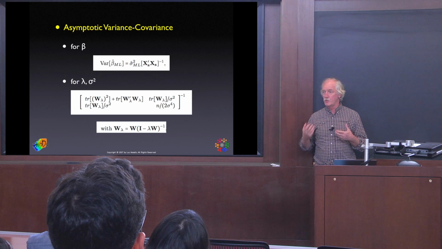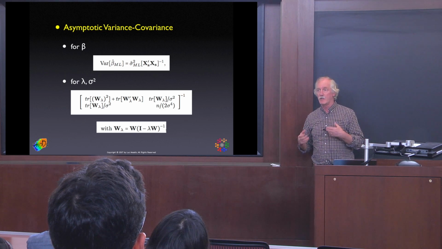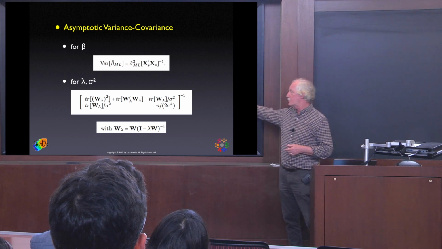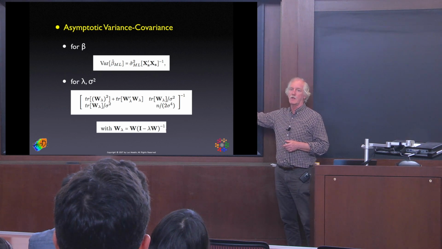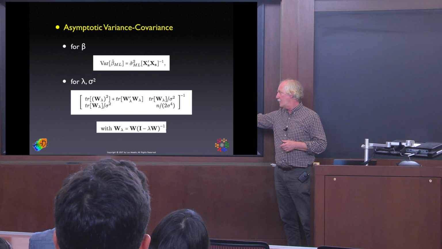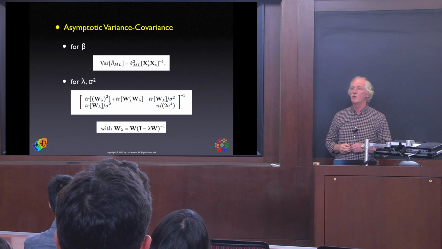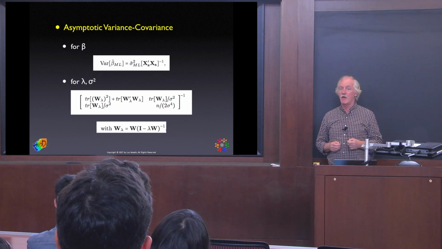I mentioned the notion of an asymptotic t-test the other day. To do the asymptotic t-test, we need an asymptotic variance. And the asymptotic variance looks like this. And again, there are some monsters in there that we really don't like, namely the product of W with I minus lambda W inverse. This requires the inverse of an n by n matrix.